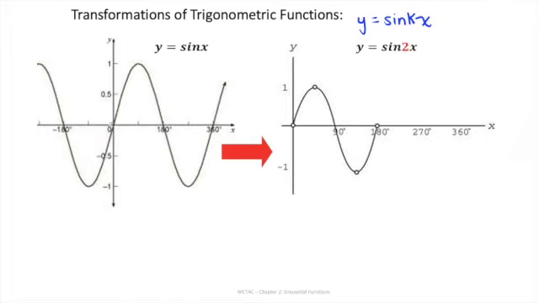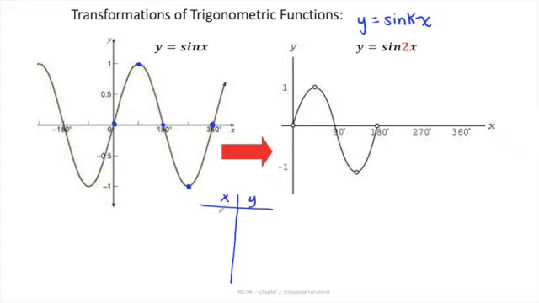So your original graph is 0, 0, 90, 1, 180, 0, 270, negative 1, 360, 0, okay? And to find out how you're going to affect your period, remember that our K value is affecting our period, is in our table of values.